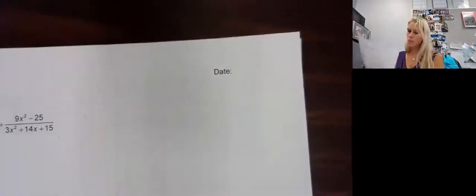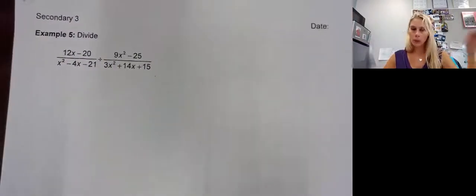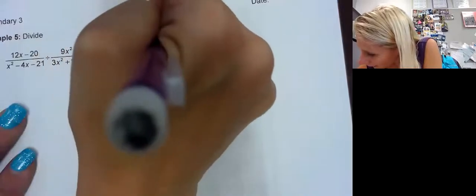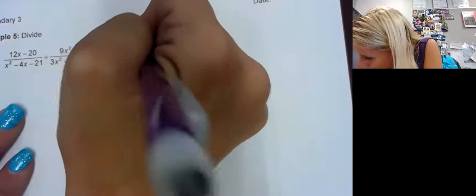All right, just 2 more examples, just so we can make sure we have this down. What do you guys notice right away? It's division. So we have to flip it first. So here I'm going to get 12x minus 20. Remember, because that first fraction stays the same.